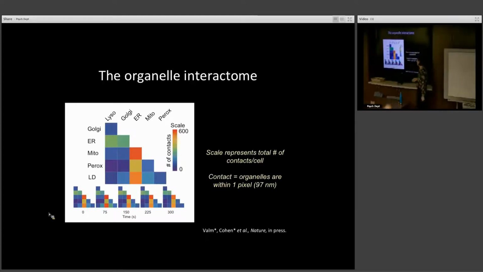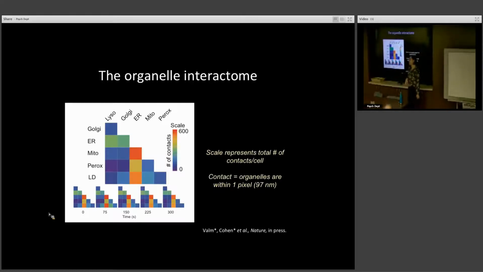So we looked at the overall pattern of contacts between different organelles. So in this half matrix, each box represents a pair of organelles. This is lysosome Golgi, lysosome ER, and the scale is the number of contacts between those organelles. So, for example, between ER and mitochondria are the highest.